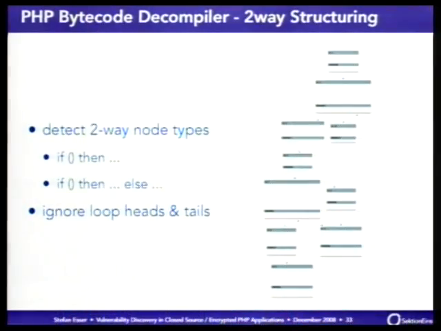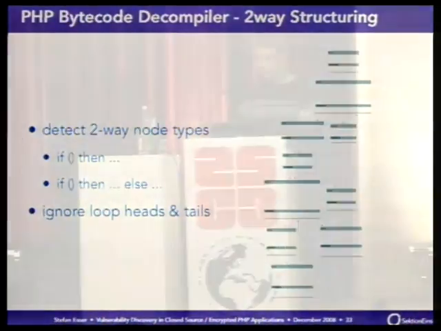Now this means that you have detected 2 loops in the PHP function that are nested. After detecting the loops, you want to detect all the if statements, and therefore you just look at every node that has 2 follow nodes, and then you try to detect if it's an if-then or an if-then-else.